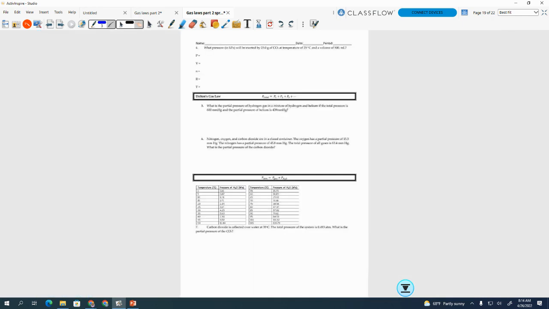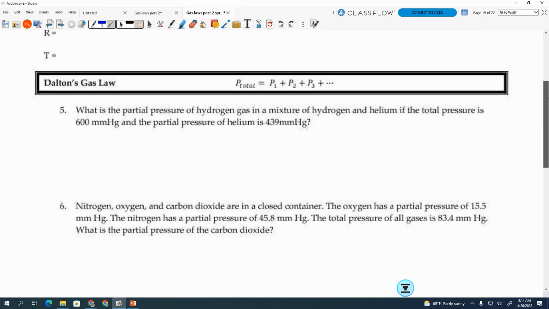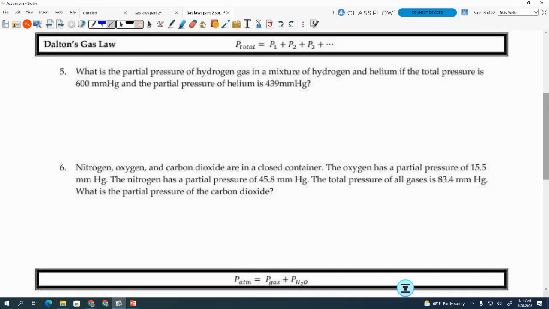All right. So let's look at the example in our packet. You should have some questions that talk about partial pressure and Dalton's law. All right.